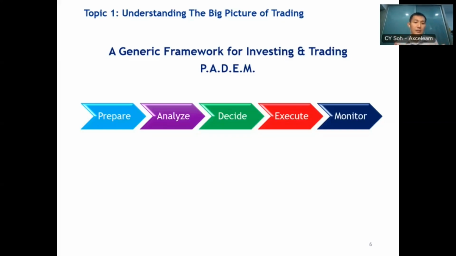So you can refer to this PADEM model framework to see which of these areas you need to improve on. It's important to have a framework in trading and investing so that you know exactly which stage you get stuck at, and then you are able to identify your problem and take the necessary actions to solve it.